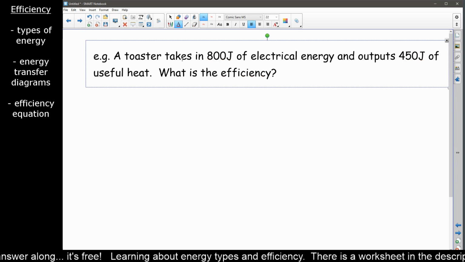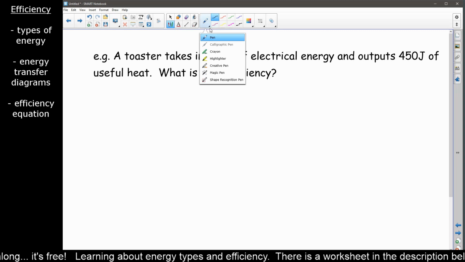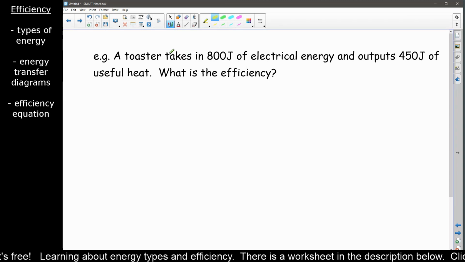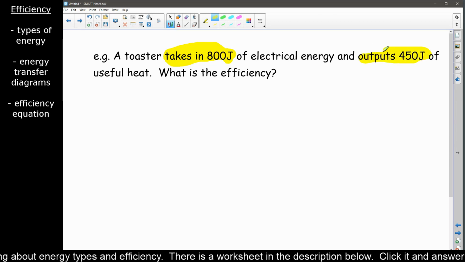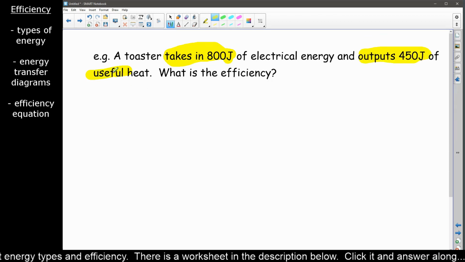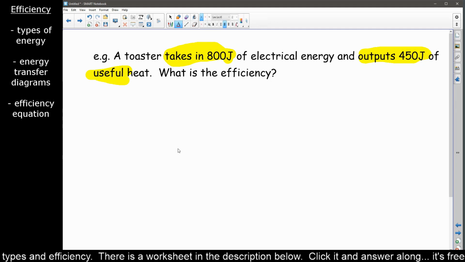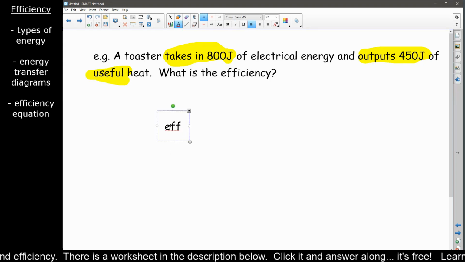Okay, cool. So what I need to do is identify what's going on here. I've got a couple of energies. So I've got takes in 800 joules, so we're going to highlight that. And I'm going to put outputs 450 of useful heat. That's good news. We've already been given our useful. So let's do a little abbreviation.